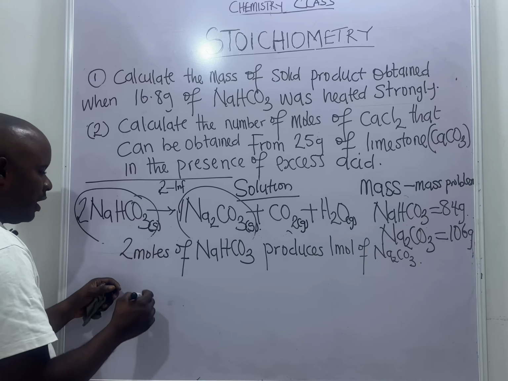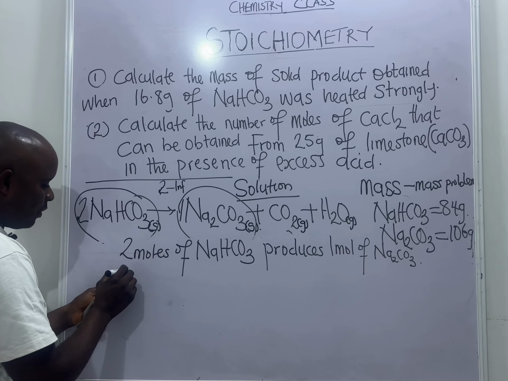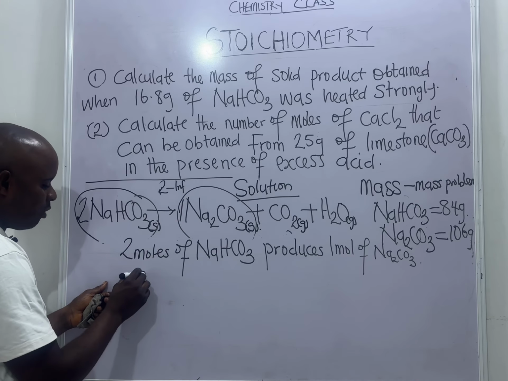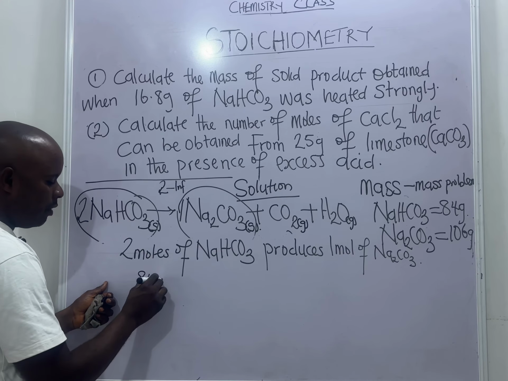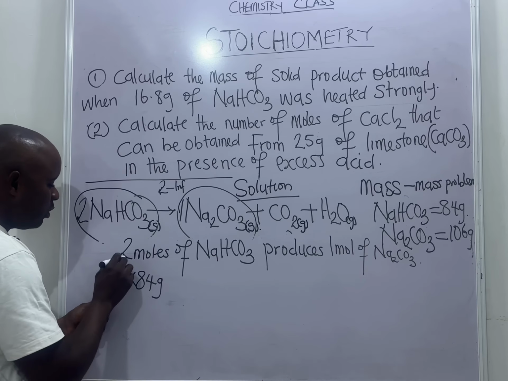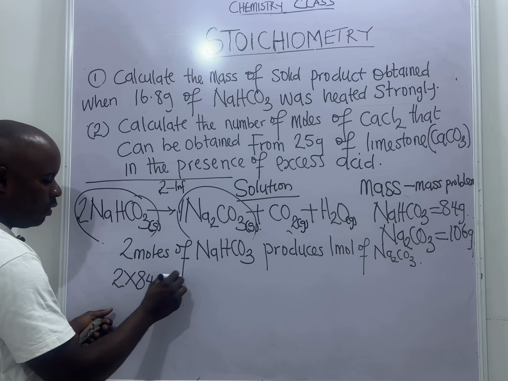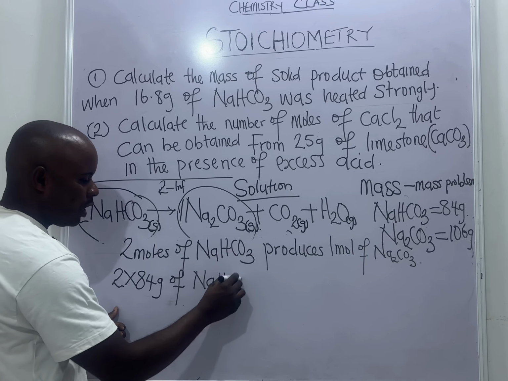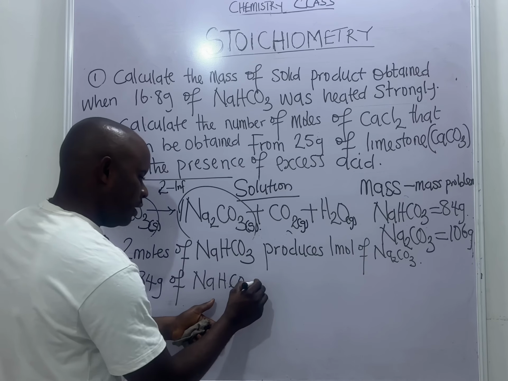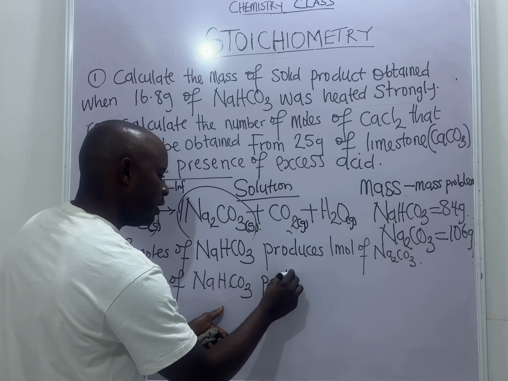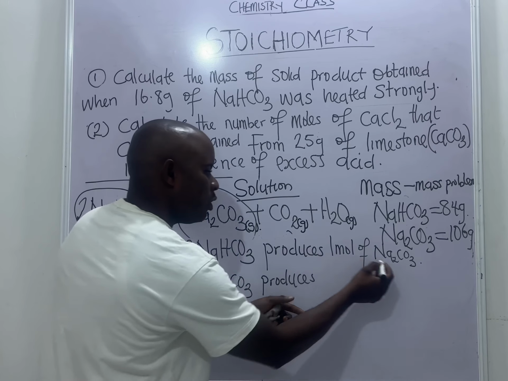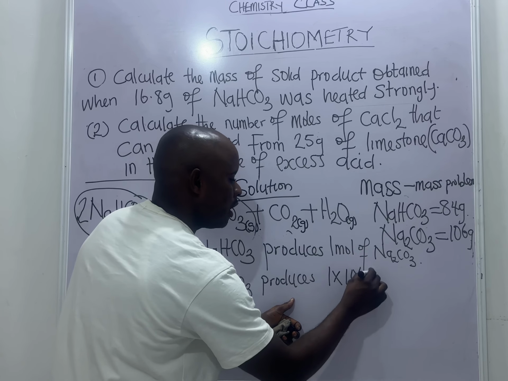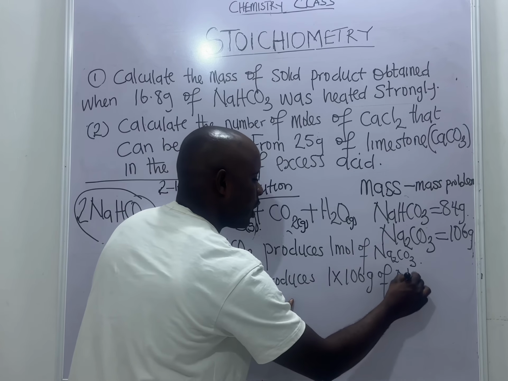So since it's given in gram, we are going to have this, that since the molar mass of sodium hydrogen trioxocarbonate is 84, we said times the number of moles of sodium hydrogen trioxocarbonate, produces the molar mass of this, it has 1 mole, 1 times 106 gram of sodium carbonate.